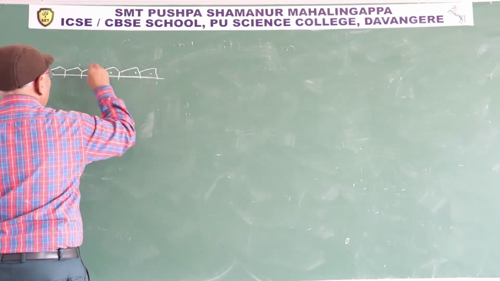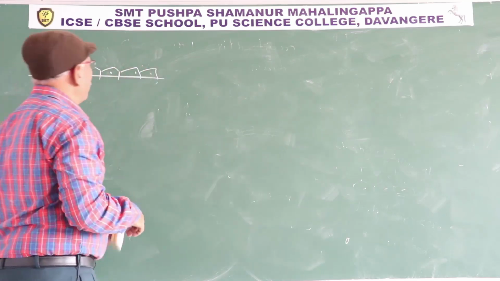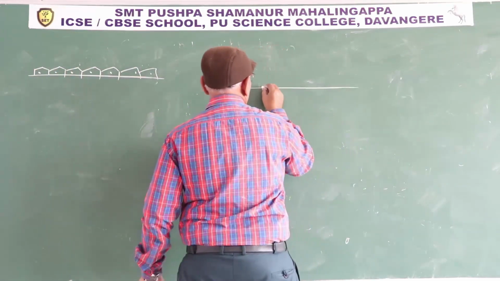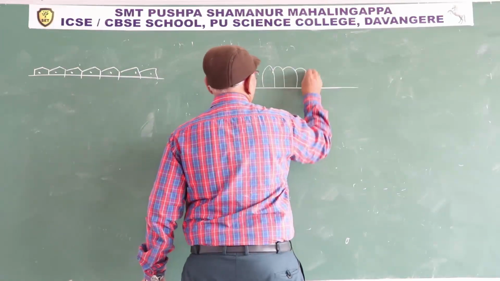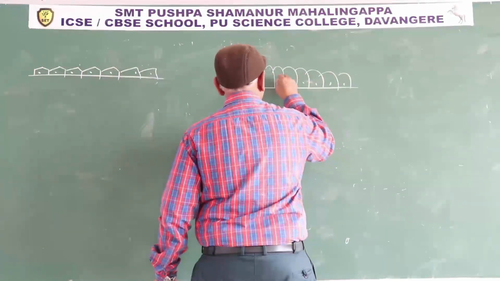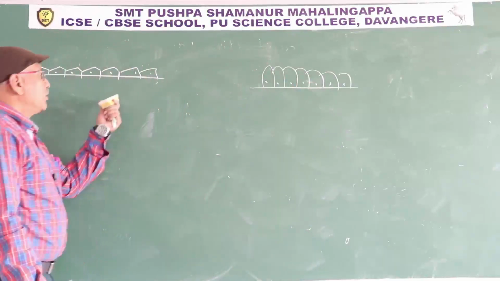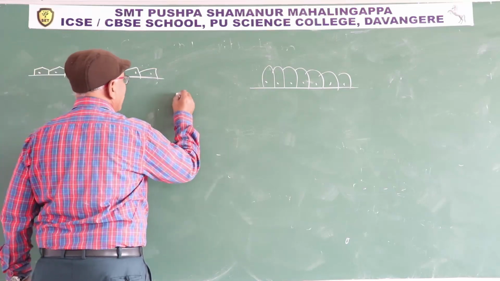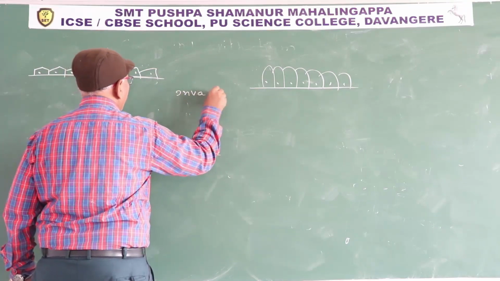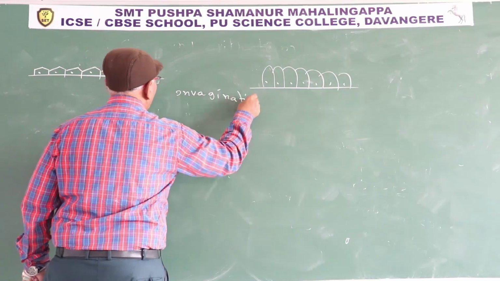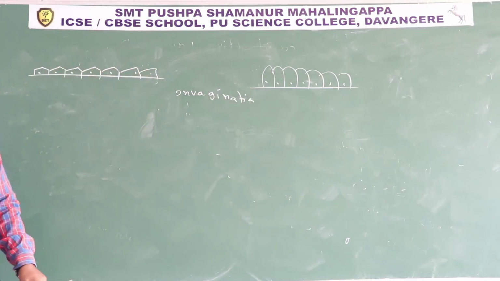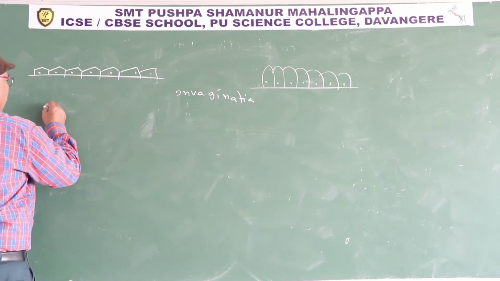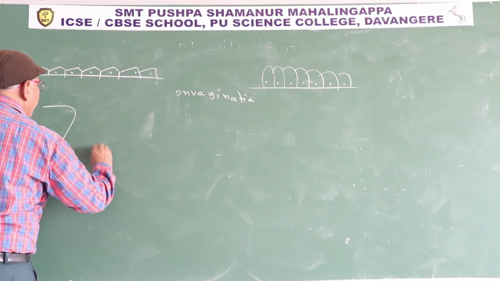Glandular epithelium is formed from simple epithelium only. It is a simple cuboidal epithelium. It is a simple columnar epithelium. Simple cuboidal or simple columnar epithelium undergoes invagination. Invagination means fold inwards. Due to invagination, a multicellular gland is formed.